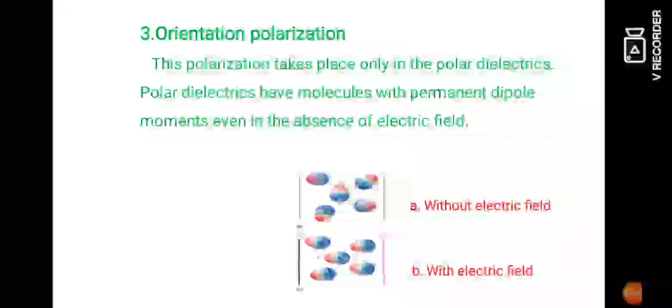All the polar molecules are aligned with respect to the applied electric field. Now clearly we can see all the polar molecules have a perfect order. So the molecules are moving from their original position to another position so that they form the dipole. This type of polarization is called orientation polarization.